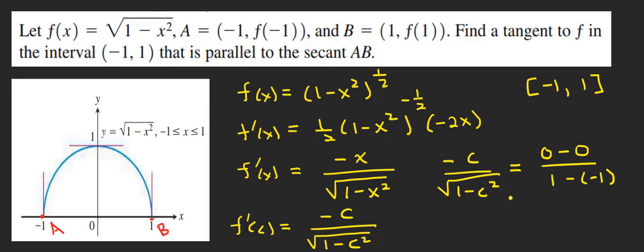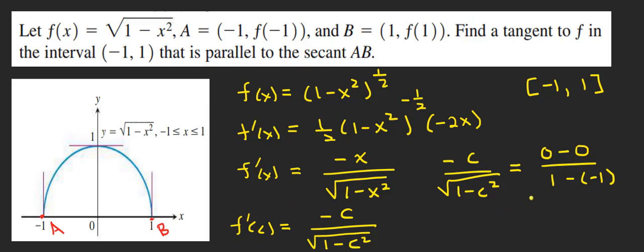That was the interval. And by the way, this satisfies the two hypotheses of the mean value theorem. It is continuous from a to b, and also it is differentiable between a and b. So it satisfies both conditions.